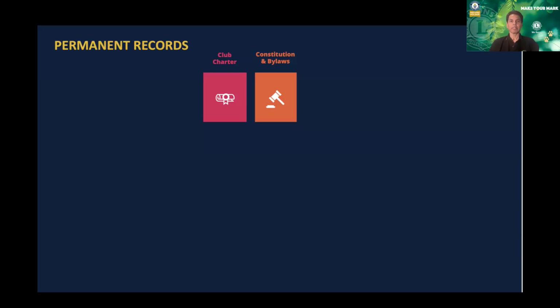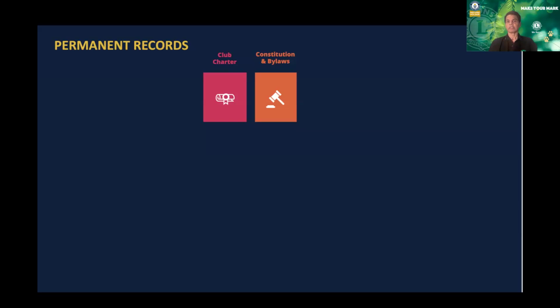I have observed that many clubs don't have updated constitution and bylaws. Literally, less than 5% of the Lions that I meet and ask, have you seen the constitution of your club, say yes. 95% of the members have never seen the constitution and bylaws of the club.